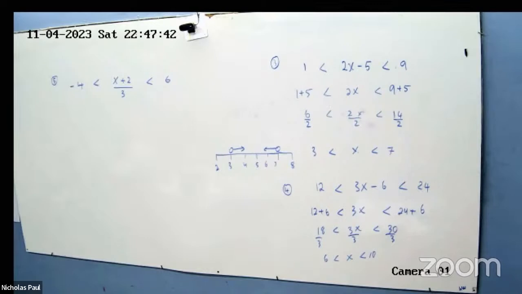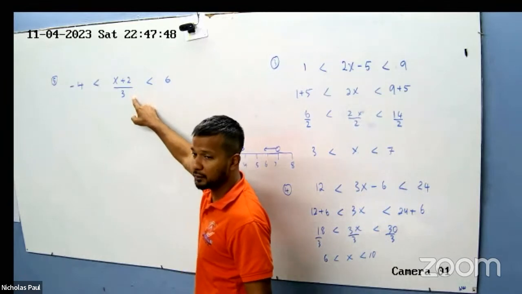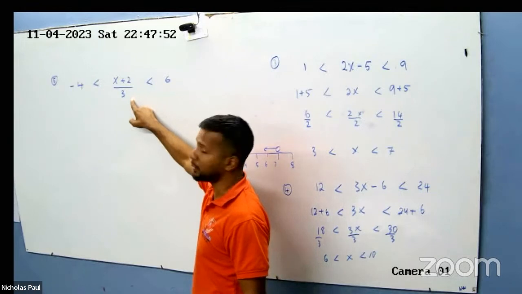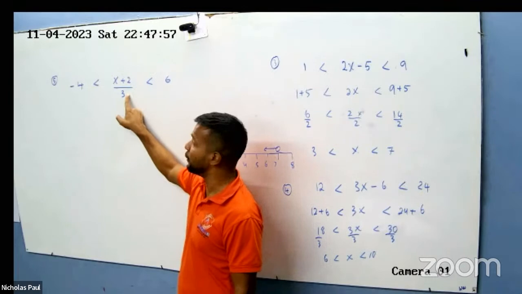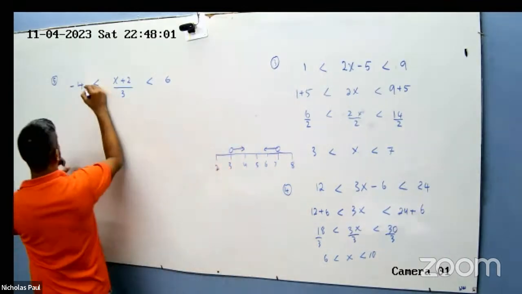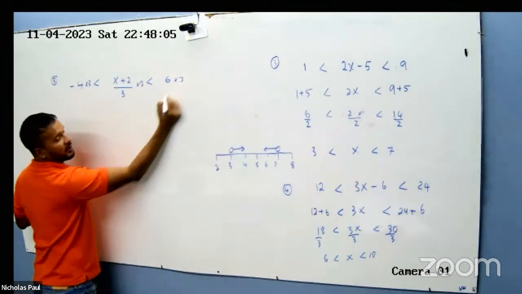What's the first thing we have to do? How do we eliminate a divide? Right, multiply by 3. So remember, this is divide by 3, so you will multiply everything by 3. If you multiply this by 3, you multiply this by 3, you multiply this by 3.